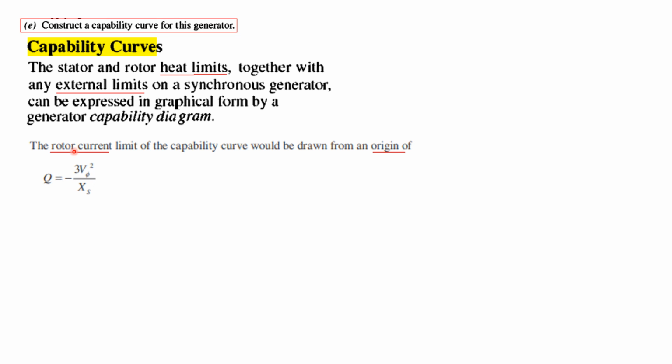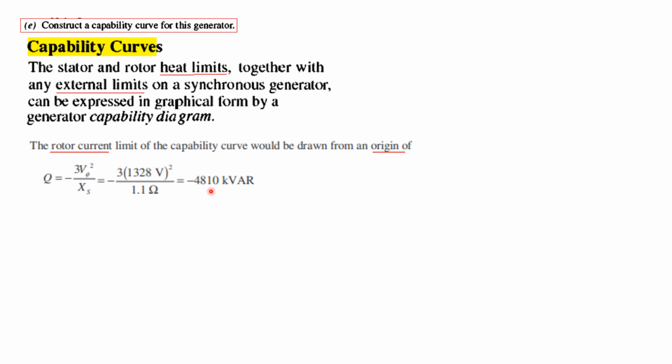It is the rotor current limit of the capability curve, which would be drawn from an origin; this point gives the origin of the rotor current limit. Next, all the values we have calculated, so we can calculate this.